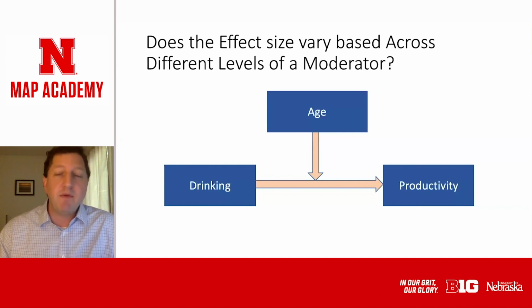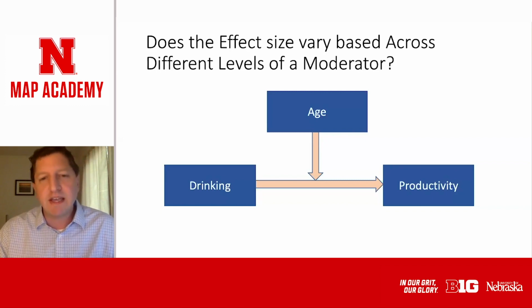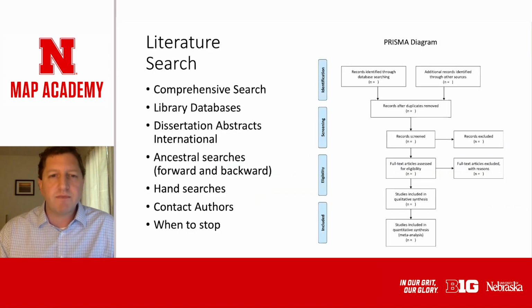Or it could be that when you're younger, you bounce back from drinking a little bit faster, and so then you're more productive. I don't know how true any of these things are, but it's kind of a fun example. And so age might be something that we would say, does age moderate the effect between drinking and productivity, right? And so that might be a way that we would ask that moderator question.